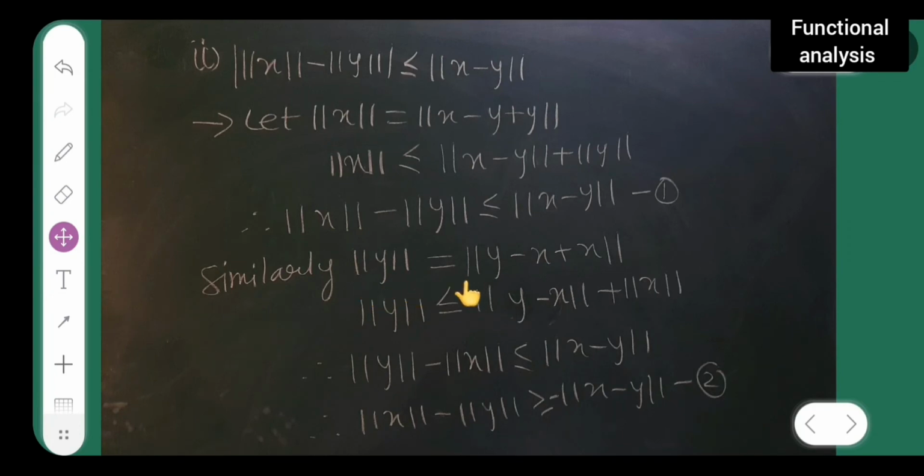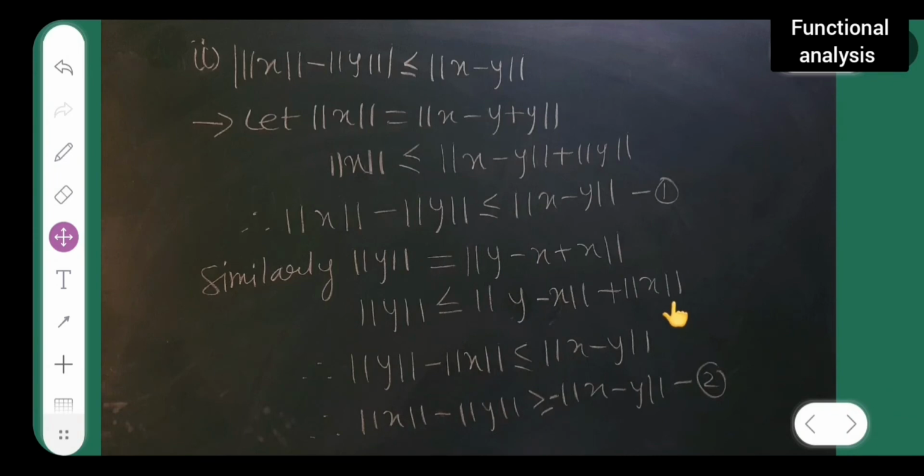Now ||y|| = ||y − x + x||. If you cancel this, what will remain is this. Now ||y|| is less than or equal to, because I'm separating now, ||y − x|| + ||x||.